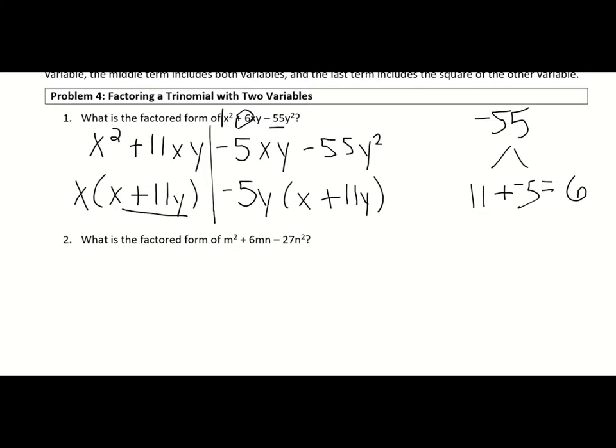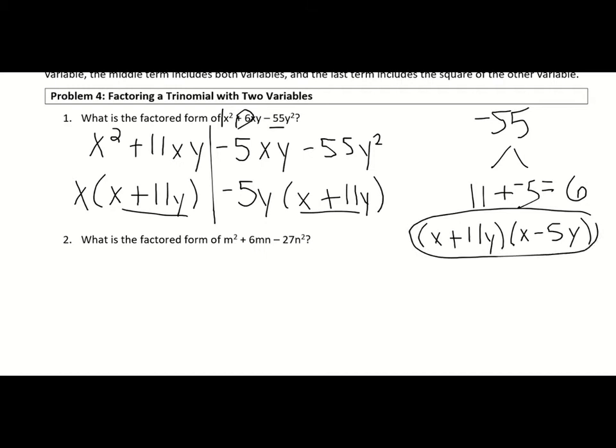So the insides match just like I wanted, so that's my first binomial, x plus 11y. The outsides, x minus 5y, make my second binomial. And again, once I rewrite it, I should multiply it back out, even if it's just multiplying it back in your head, to make sure that you are getting the polynomial that you started with.